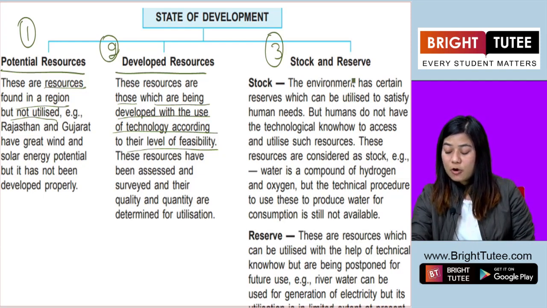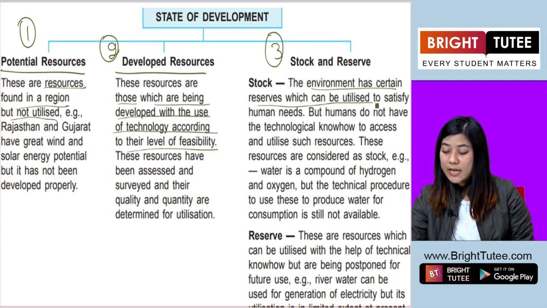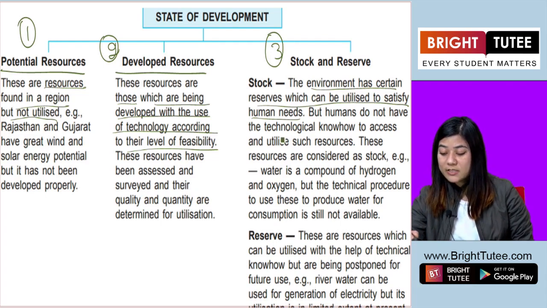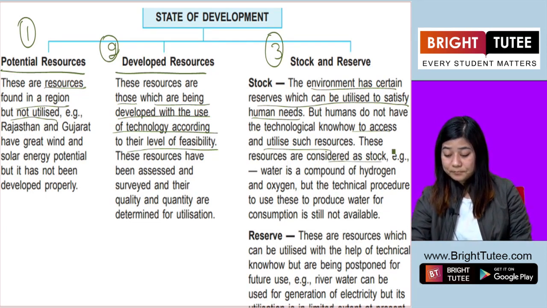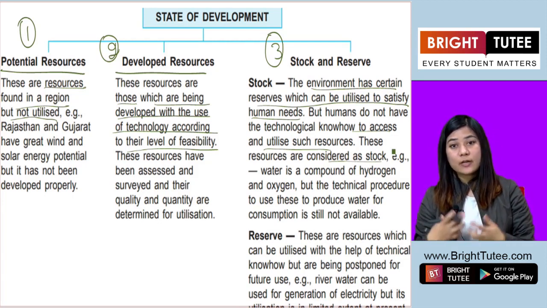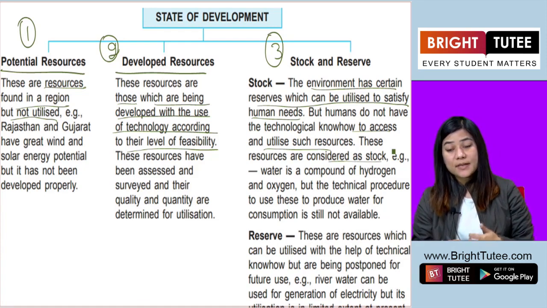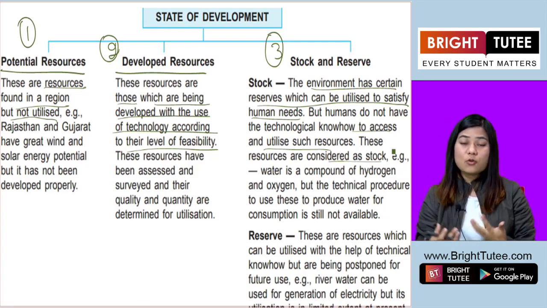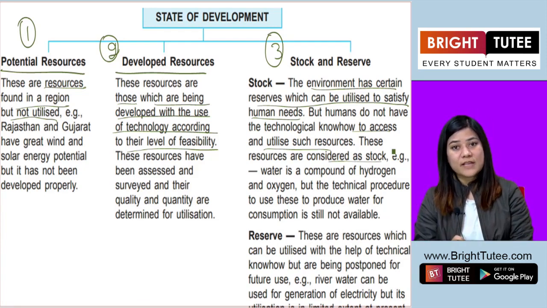The third, stock and reserve. So what is stock? The environment has certain reserves which can be utilized to satisfy human needs, but humans do not have the technological know-how to access and utilize such resources. These resources are considered as stock. There are resources required for human need, but humans do not know how to make use of them.